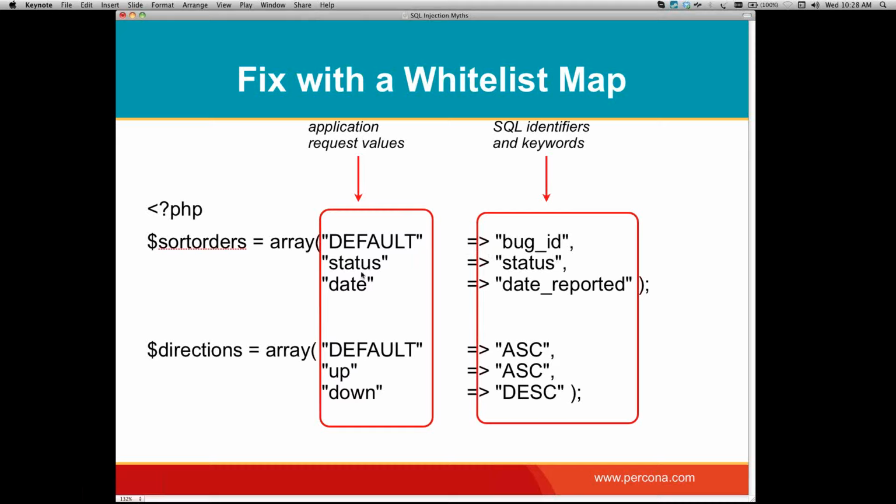So now when we see a value status for the sort order, we use status. When we see the value date, we use date reported, because date reported is the physical name of the column. Whereas in the application interface, we might want to simplify that and use a different word that makes more sense to the application. Likewise, up and down correspond to ascending and descending, the SQL keywords.